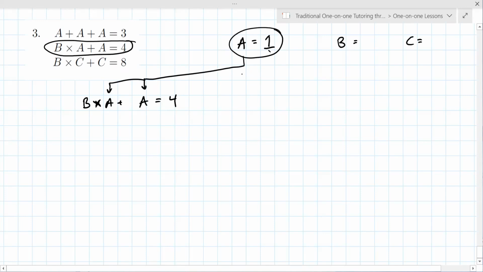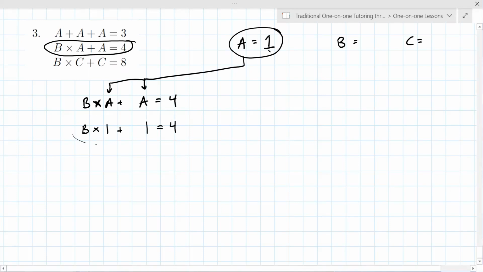So I get the feeling you're not writing anything down here. I'm just remembering in my mind so I can remember for tomorrow. Well, if you write it down, you will see that it is B times 1 plus 1. Okay. It's 4.